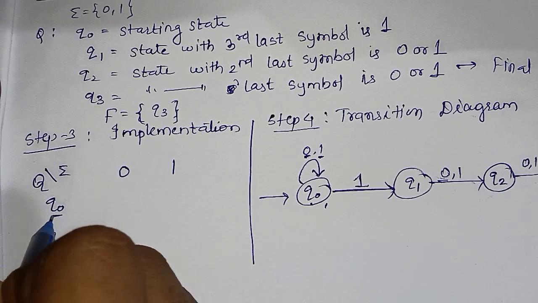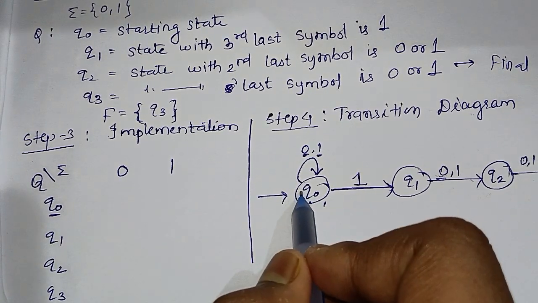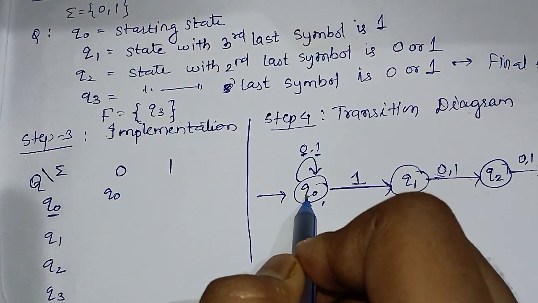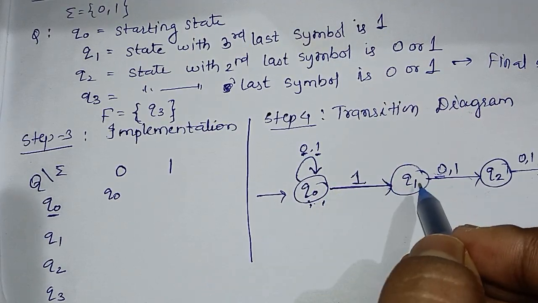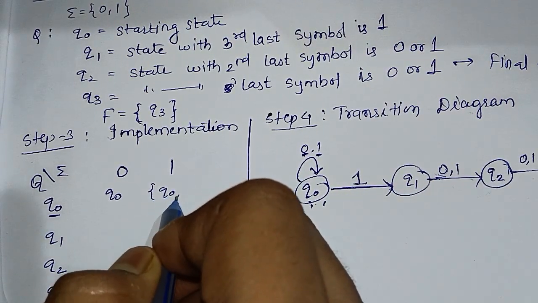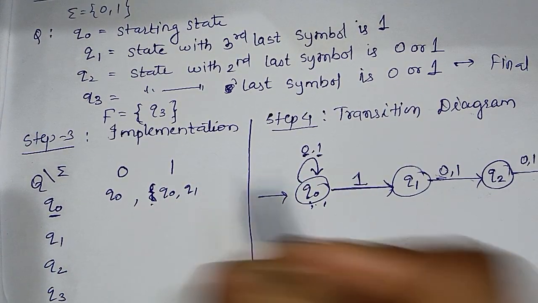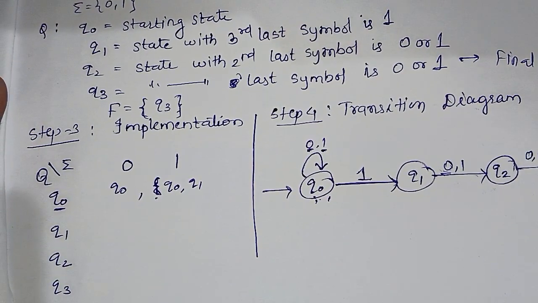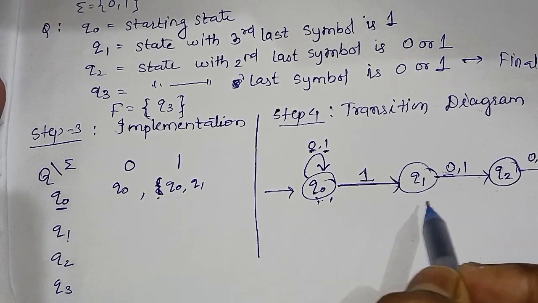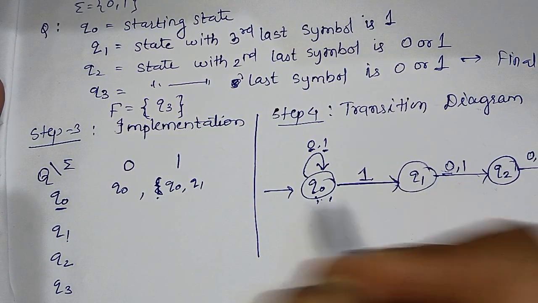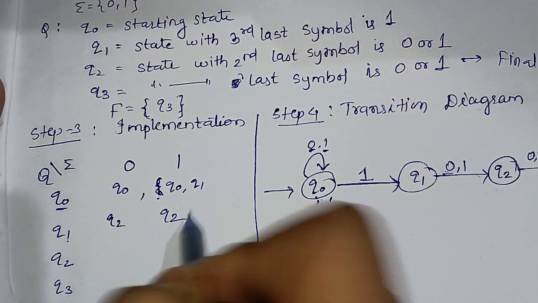Now based on this, see, Q0 on 0 goes to Q0, but on receiving 1 it can go in itself, on the same state, or it can change the state. I will write Q0, Q1. You can use brackets, no problem. Q1 receives 0, 1, it is going to Q2.